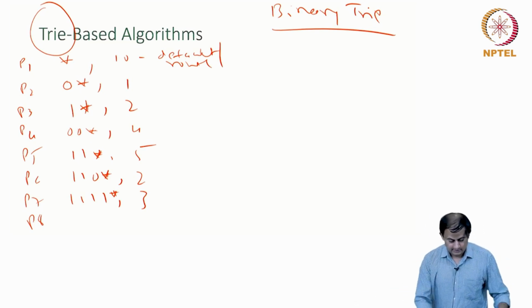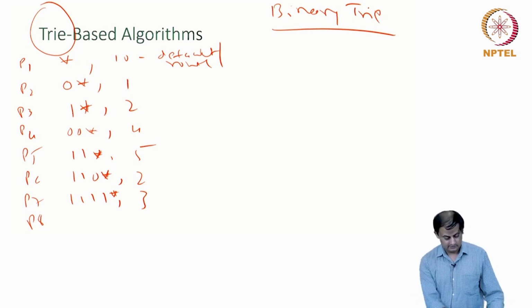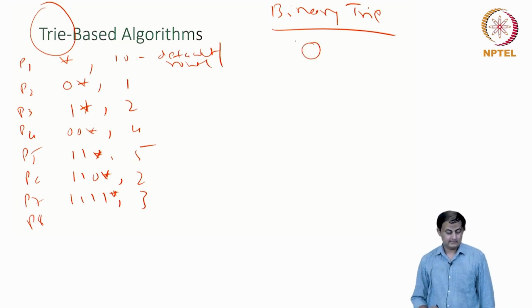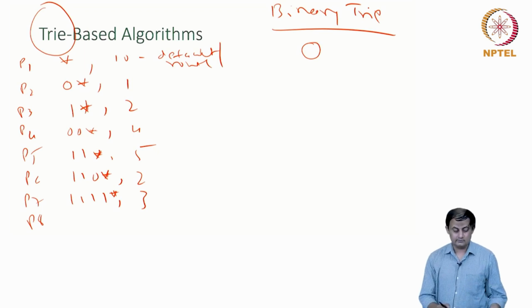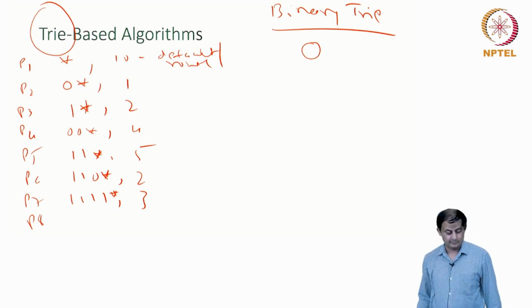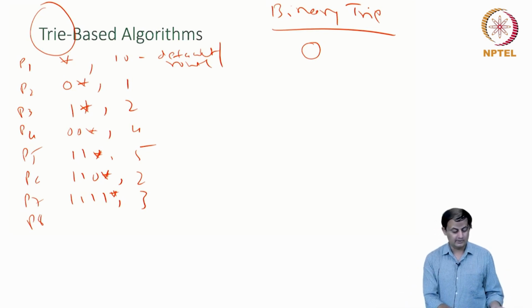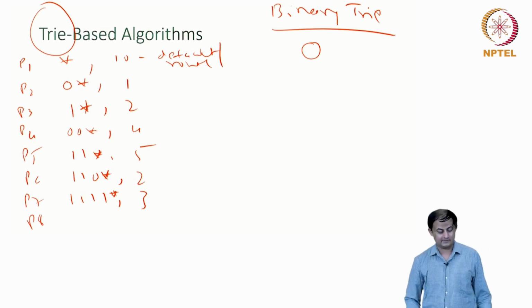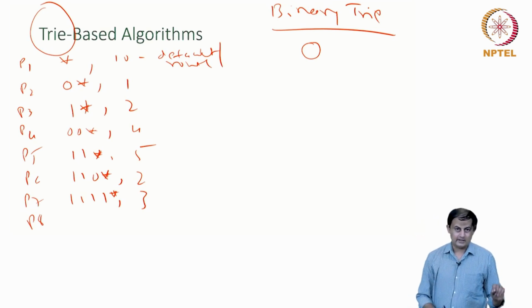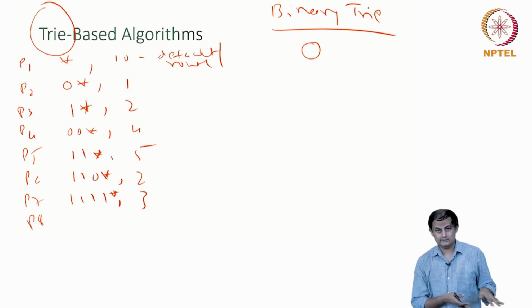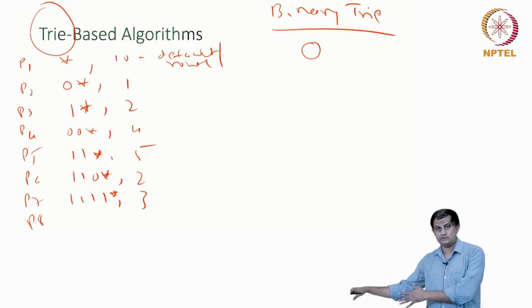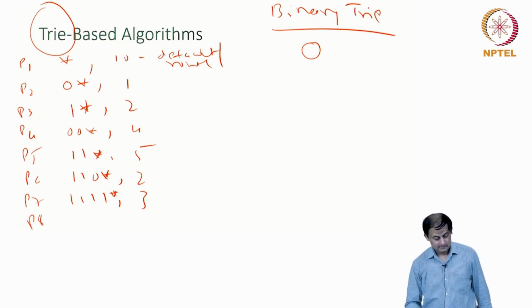The way I construct the trie for this set of prefixes is that I start with the root node, pick up one prefix, and then add nodes to the left or to the right of the root node to accommodate whatever the prefix is saying. Every time I have a 0 in the prefix, I take the left path. Every time I have a 1 in the prefix, I go to the right path.